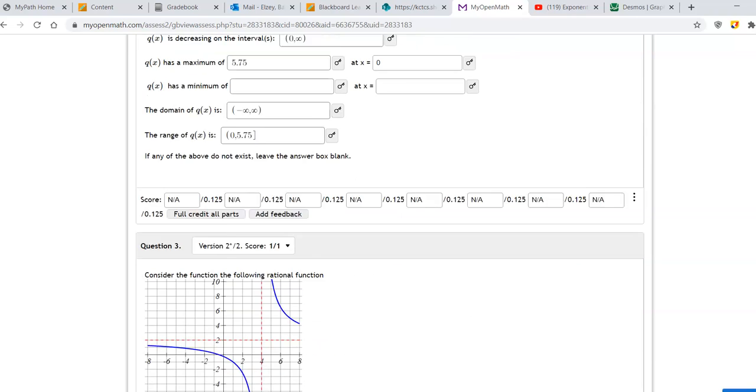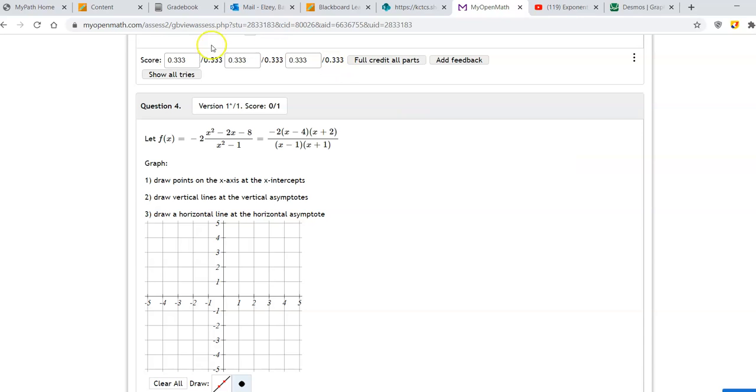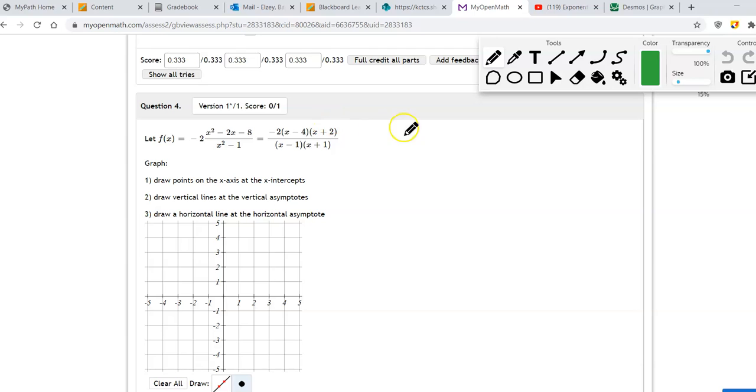Now let's take a look at your 4. All right, so they've factored this thing for us, which makes it a little nicer. The first thing we want to do is draw the points on the x-axis that are the x-intercepts. To get x-intercepts, we set the top to 0.